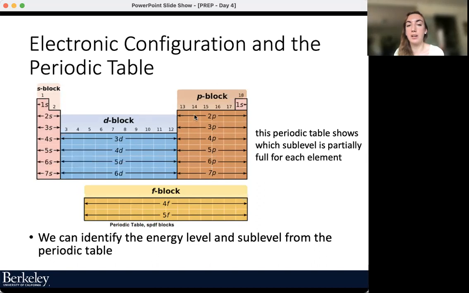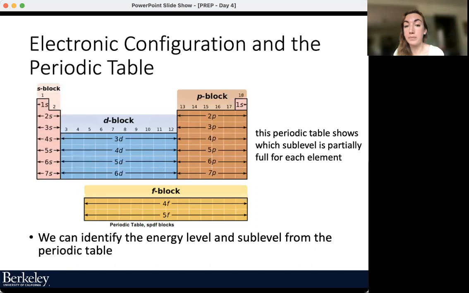So if you know how many valence electrons, this happens to be carbon, if you know how many valence electrons carbon has, then everybody in this column has that same number of valence electrons. Does this make sense?